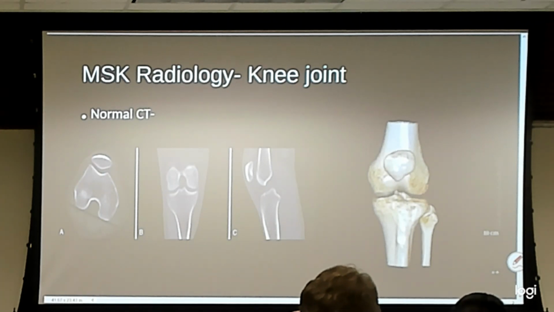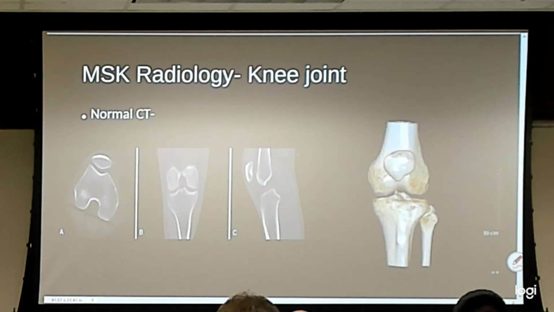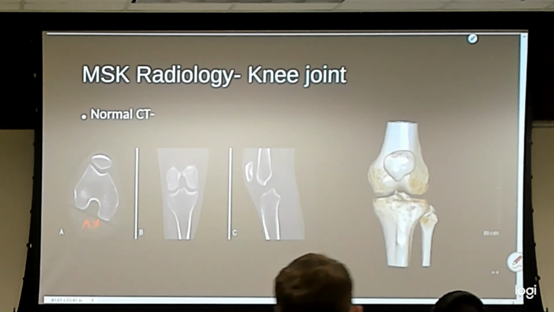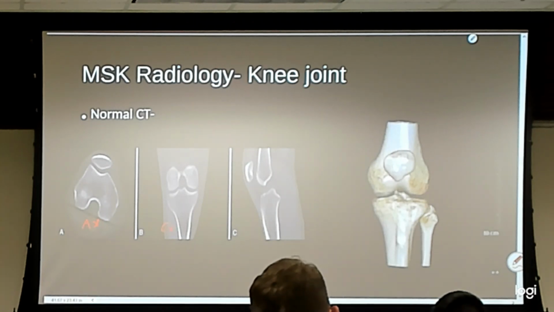Okay, CTs. So CTs really in the knee have to do with fractures and fracture identification. So I would obtain one if I were worried about fracture or those loose bodies. So loose bodies and CTs are kind of a pairing. Here, this is our axial cut, our frontal cut, coronal, and then our sagittal over here.